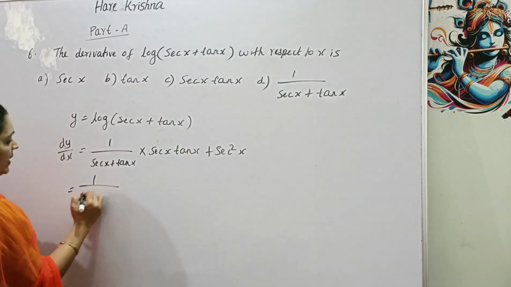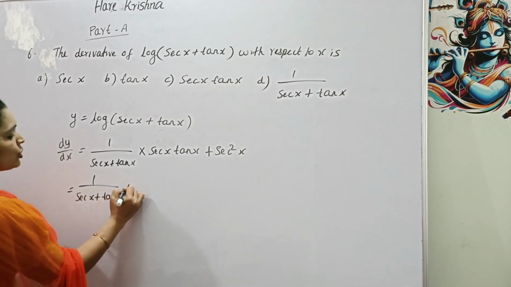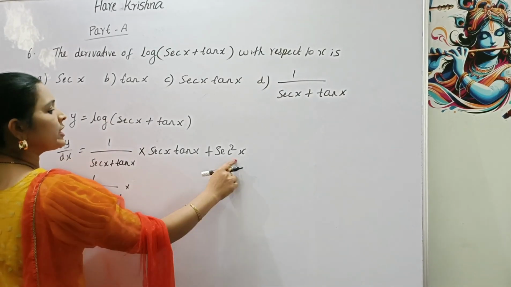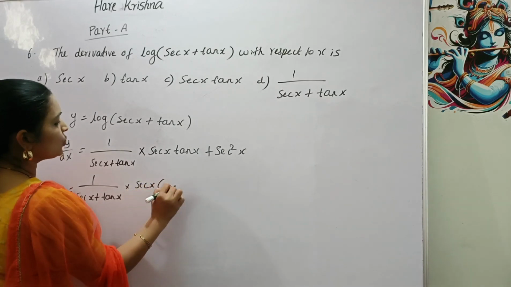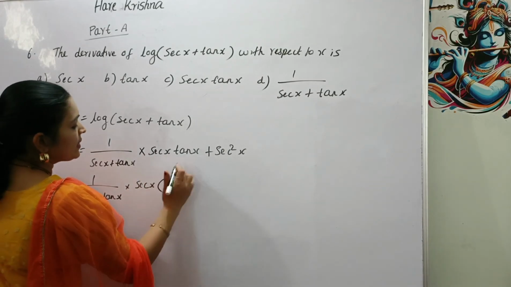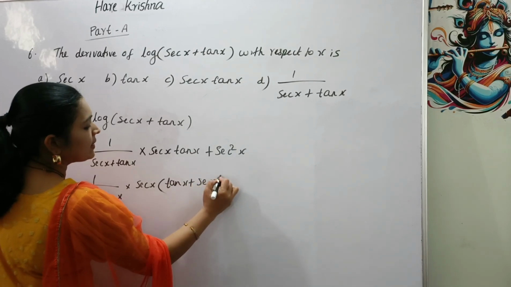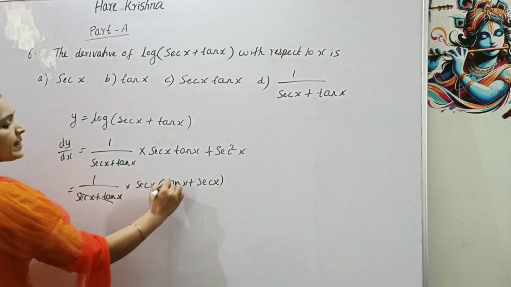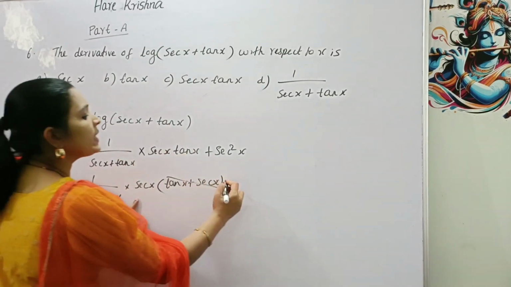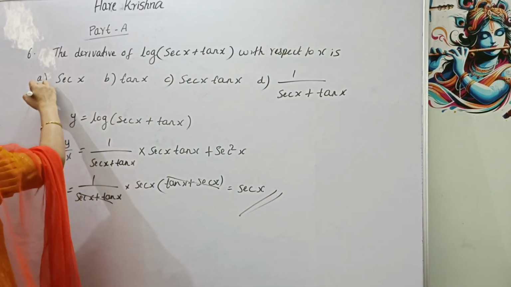Now 1 by sec x plus tan x into, here see, in both terms sec x is common, let's take it out, sec x into tan x plus sec x, right? So here this sec x plus tan x cancelled, so remaining only sec x. So the answer is sec x.